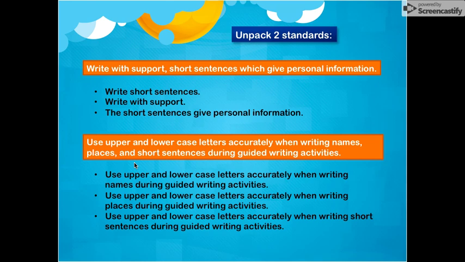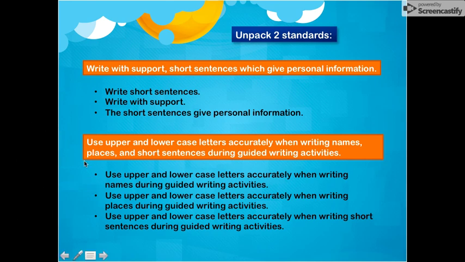I'm going to unpack it into: write short sentences, write with support, and the short sentences give personal information. The second standard, use upper and lowercase letters accurately when writing names, places, and short sentences during guided writing activities.